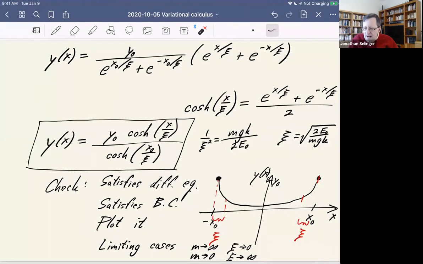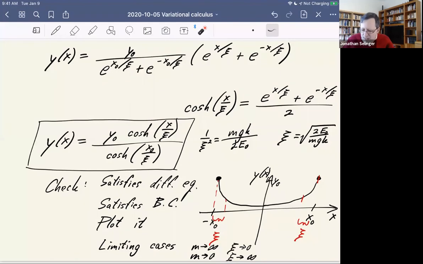And so probably a better limiting case would be to change the other parameters, right? I could change gravity, or I could change the curvature of the valley, right? So K is the curvature of the valley, right? So a big K would be a very steep valley, right?